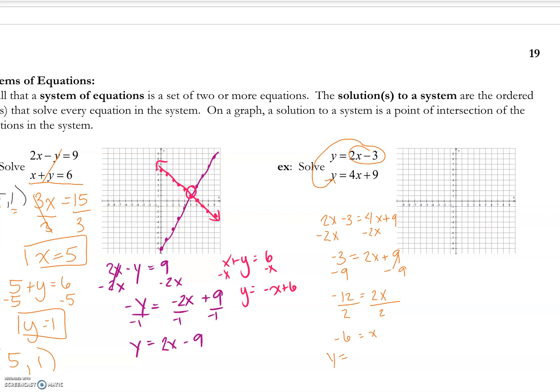It does not matter though. y equals 2 times negative 6 minus 3. If I do order of operations there, I know that 2 times negative 6 is negative 12. Minus 3 is negative 15. So the solution here is -6, -15. Go ahead and pause the video and try graphing both of those lines to see if you get an intersection at -6, -15.